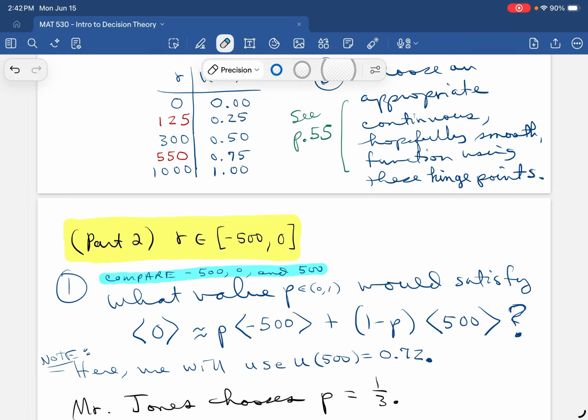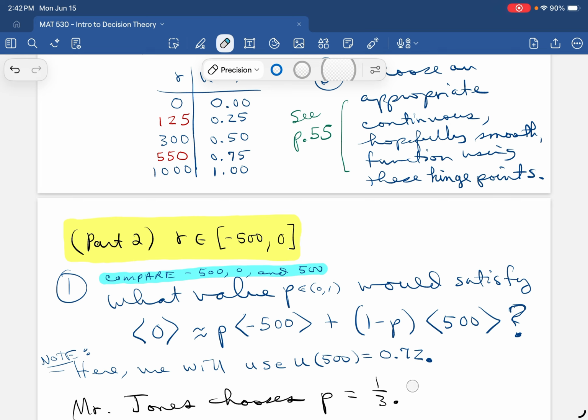So the question is, essentially, with what probability would Mr. Jones be satisfied with receiving $500 versus losing $500, and count that to be exactly the same as if he just wins or loses nothing with probability 1.